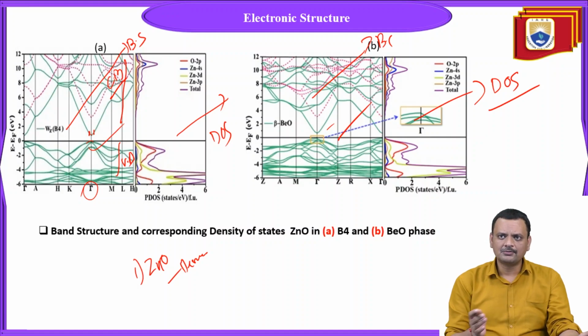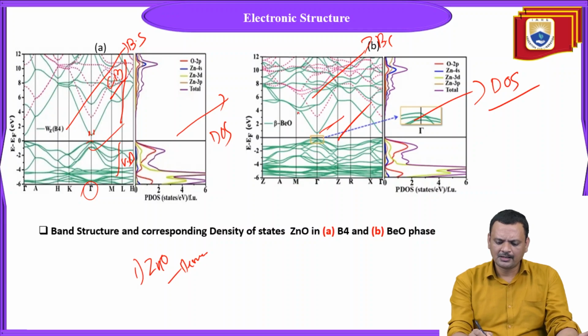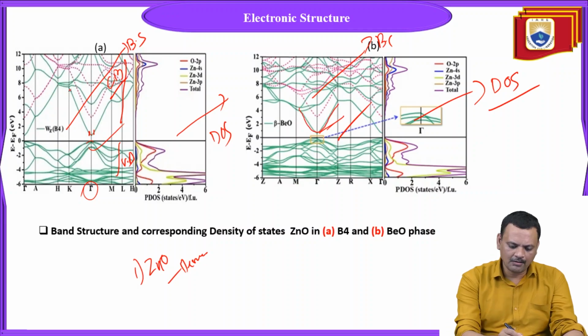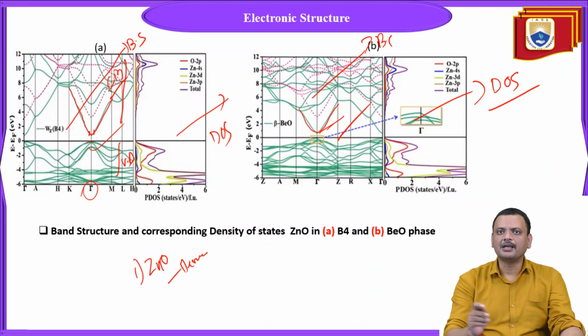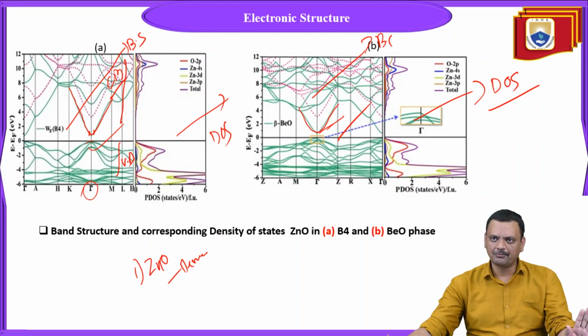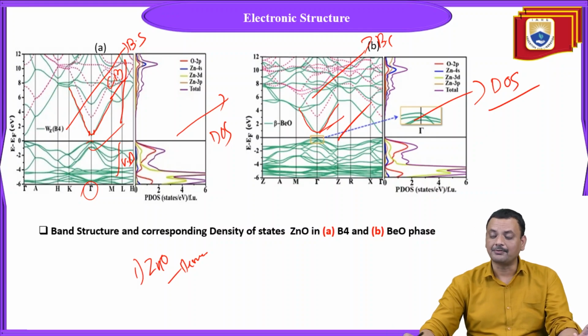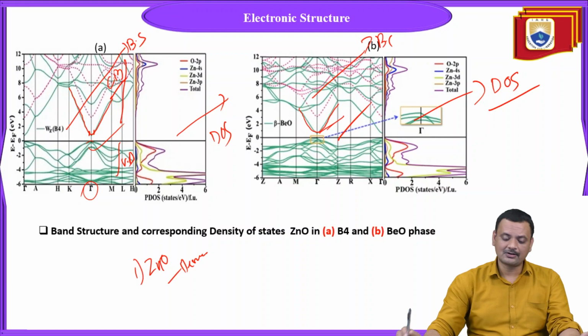What you have seen is nearly the same conduction band dispersion in both. Why am I using the word dispersion? Because with the help of that dispersion, you can calculate the effective masses of holes and electrons.